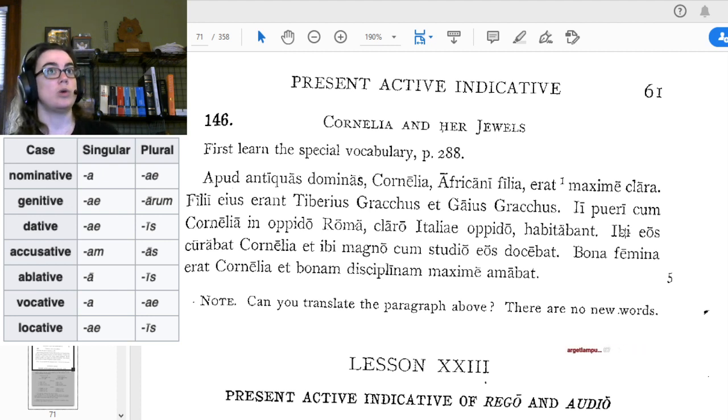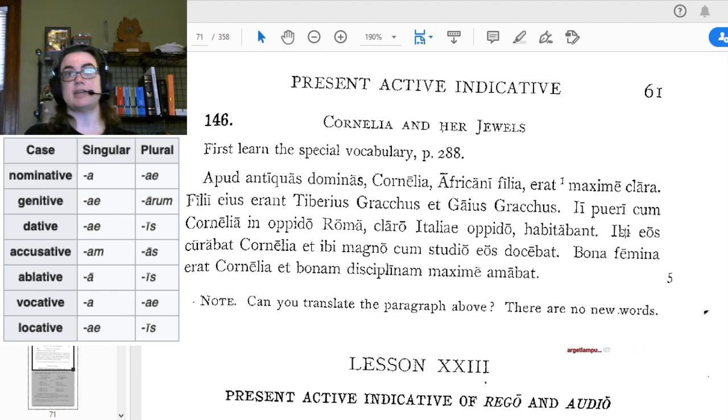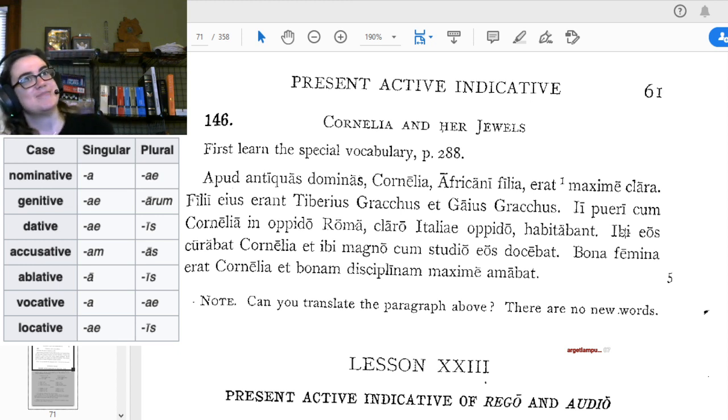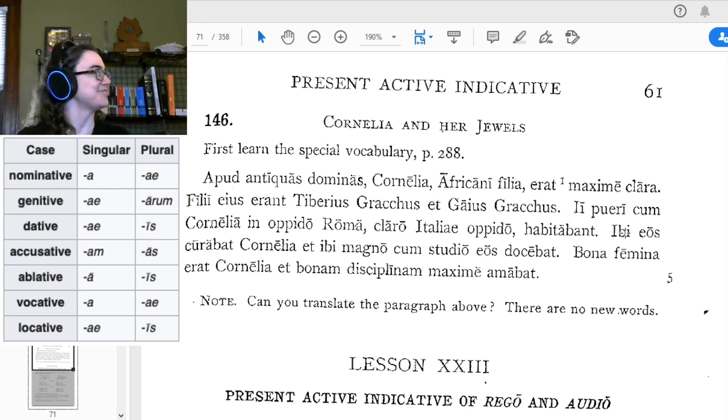Her sons were Tiberius Gracchus and Gaius Gracchus. You may have heard of them. The Gracchi, Land Act, Civil War, both of them got executed by mobs, you know, that kind of stuff. So those sons used to live with Cornelia in the town of Rome, the distinguished town of Italy.